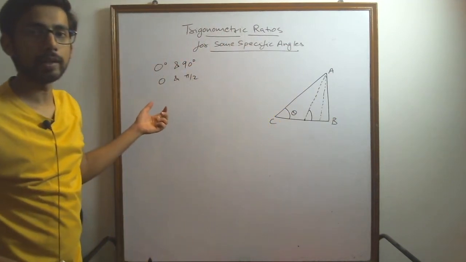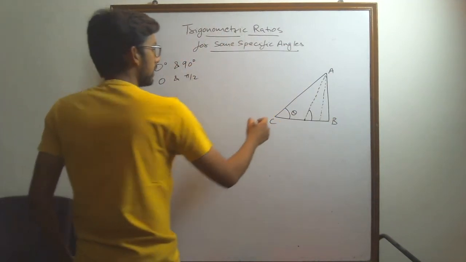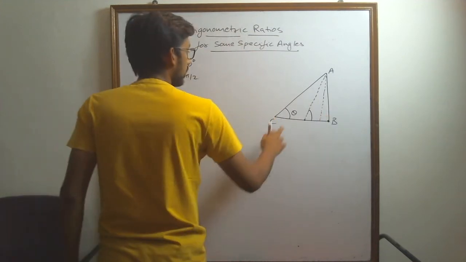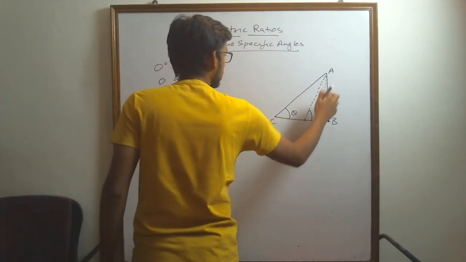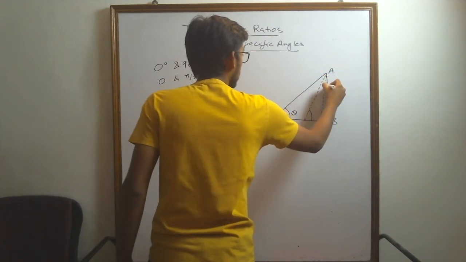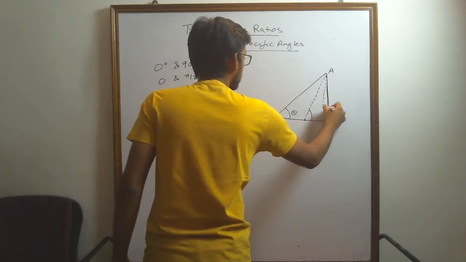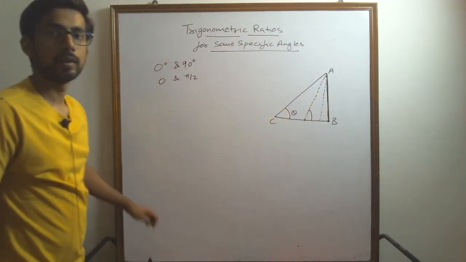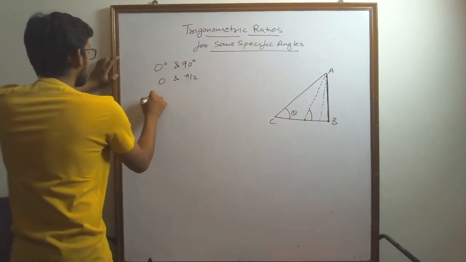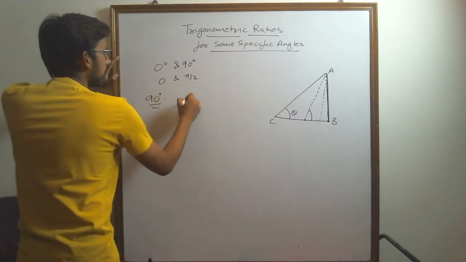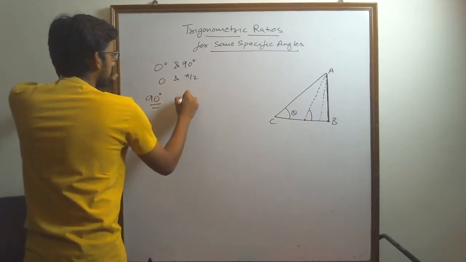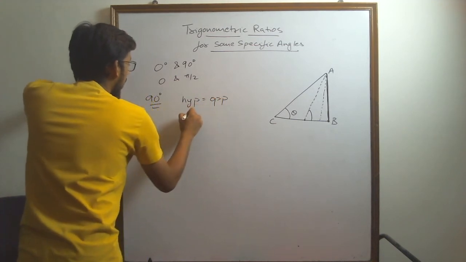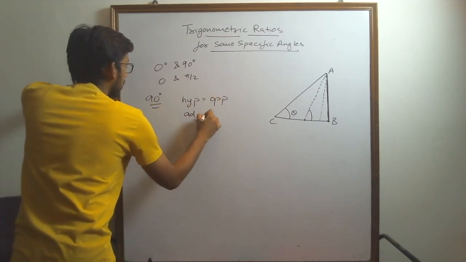Now if we look at the extreme case, when C is exactly on B, theta becomes exactly equal to 90 degrees and AC is same as AB. So for 90 degrees or pi by 2 radians, the hypotenuse becomes equal to opposite and the adjacent becomes equal to 0.